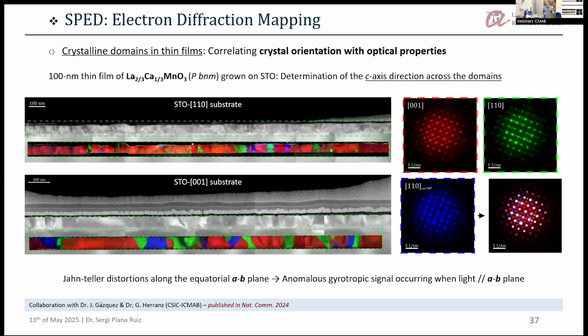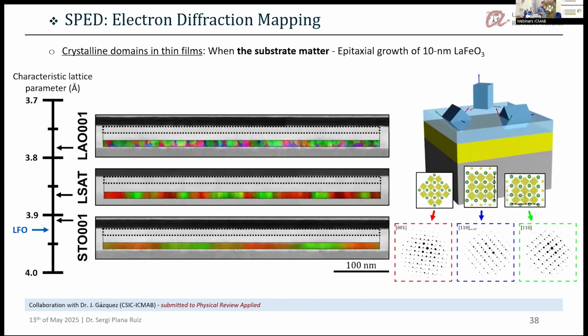Also, we can go smaller in size, higher in resolution, which means that, for example, in this system with 10 nanometer lanthanum iron oxide, we could see that by using different substrates, in which the characteristic lattice parameter differs a lot or not that much from our system under study, and using substrates that approach the characteristic lattice parameter of LFO, we have domains that increase in size.